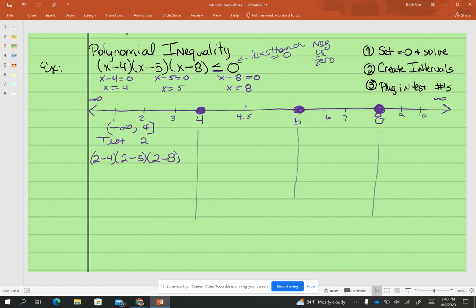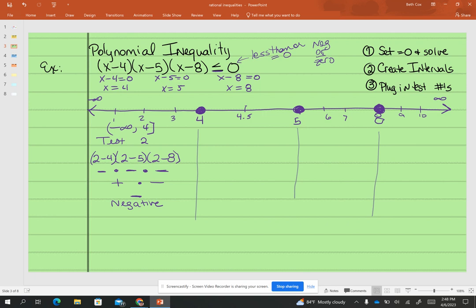This is a negative, this one's a negative, and this is a negative. It's technically a negative 2, a negative 3, and a negative 6. It doesn't matter to me. The answer is going to be a negative because a negative times a negative is a positive, and a positive times a negative is a negative. My answer is negative. I don't need to know what the number is. I need to know, is it positive or negative?